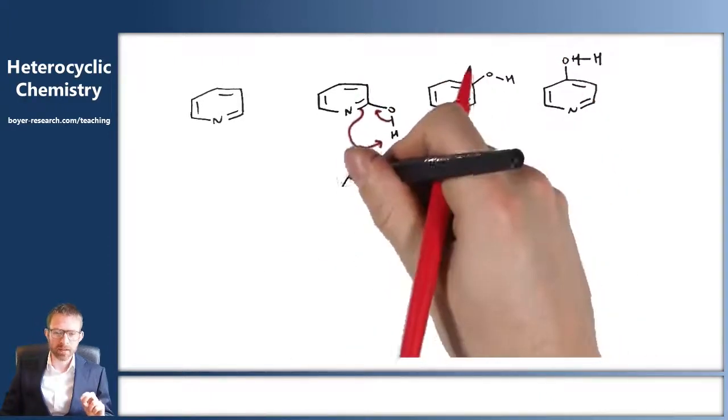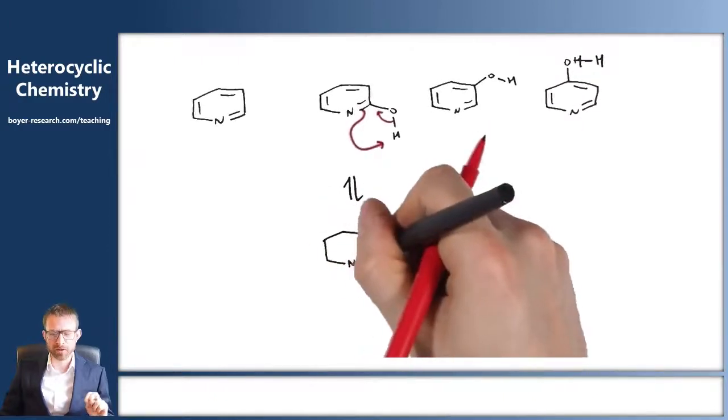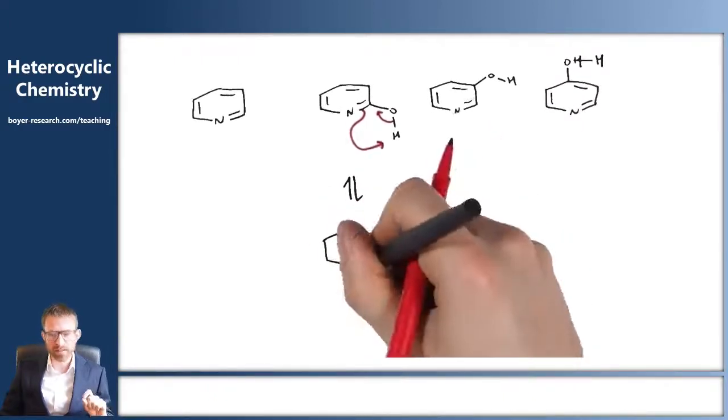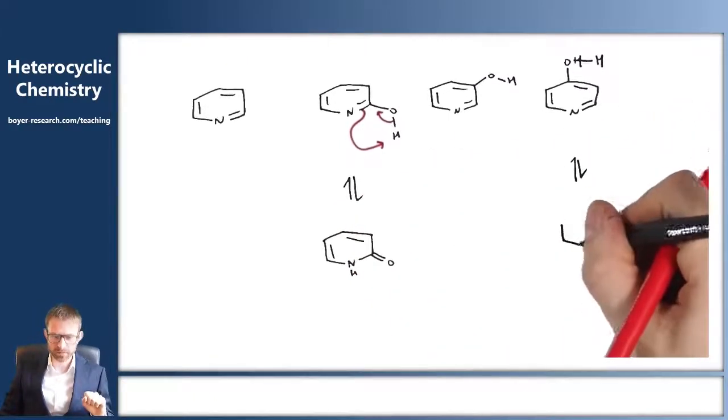And we can draw the hydrogen migrating from the oxygen to the nitrogen. So we swap an OH bond for an NH bond and an N-C double bond for an O-C double bond.